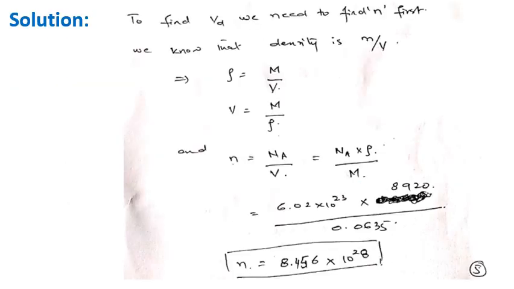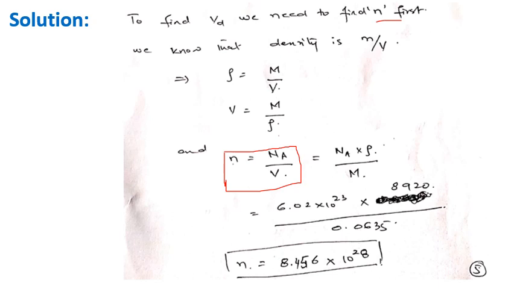How? Let's see. To find drift velocity, we need to find small n. So to find small n, we proceed as we know that density is mass per unit volume. So volume is equal to mass over density. And from our previous knowledge, we know that number of molecules is equal to Avogadro's number per unit volume, so Avogadro's number into rho over m.